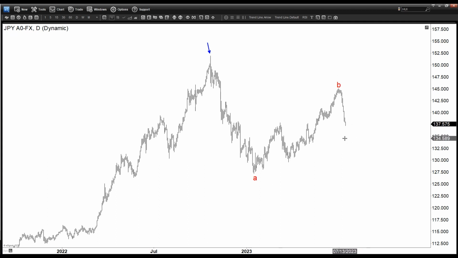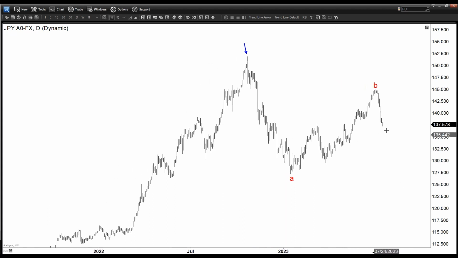So this move down in the US dollar yen is primarily driven by weakness in the US dollar instead of strength in the yen, because there are two factors that can cause US dollar yen to drop: weakness in the US dollar and strength in the yen. But I think this move down is driven primarily by the weakness in the US dollar.